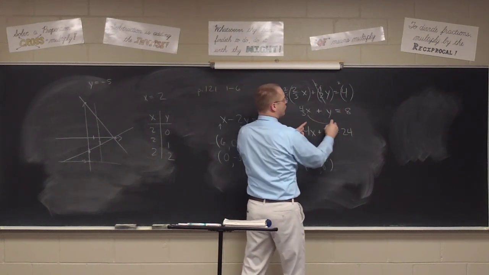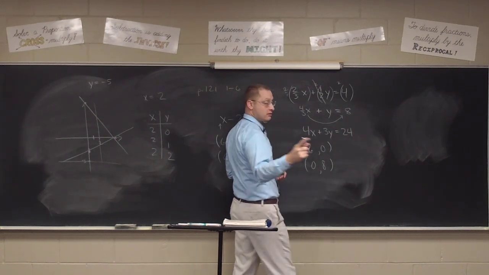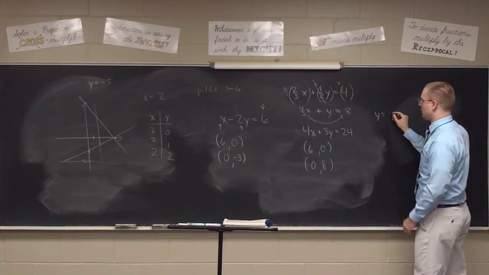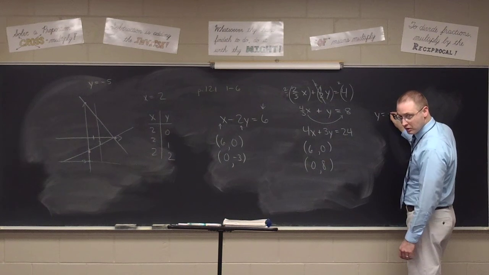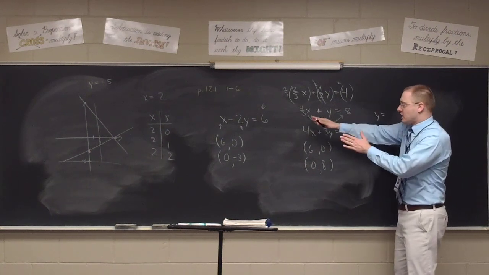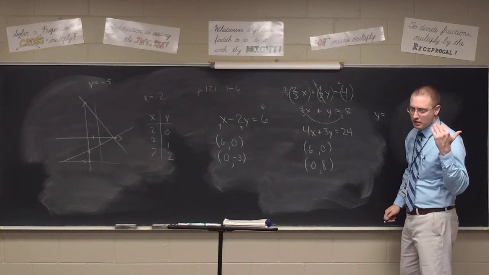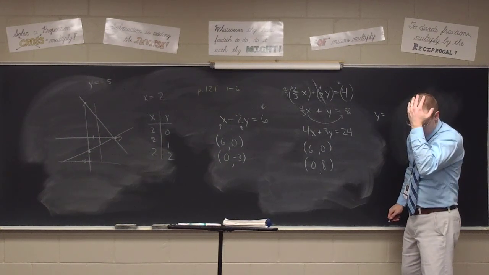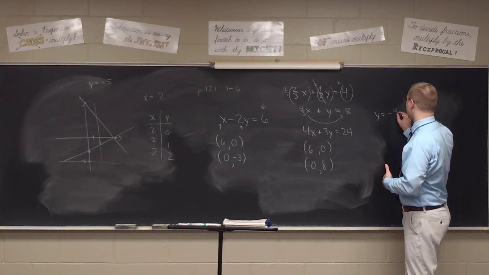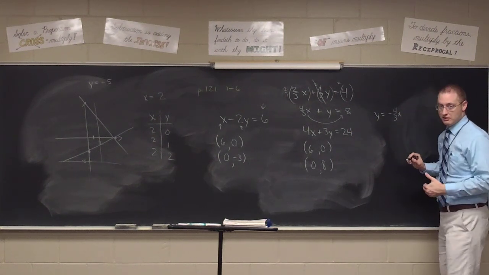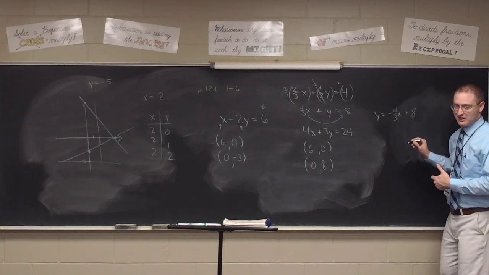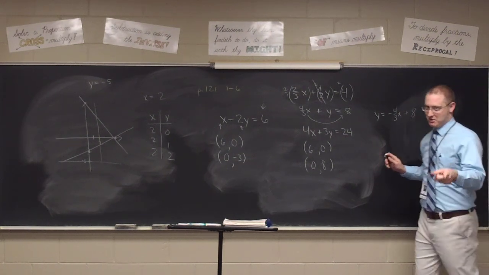And then I just move the 4/3 x over to get y is equal to... Noah, when you move a 4/3 x to the other side, it becomes, oh, class help him, negative 4/3 x. Just change signs, right? Plus 8. Need more sleep at night. You know this stuff.